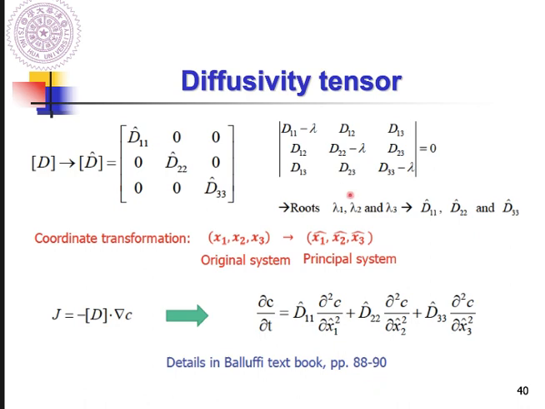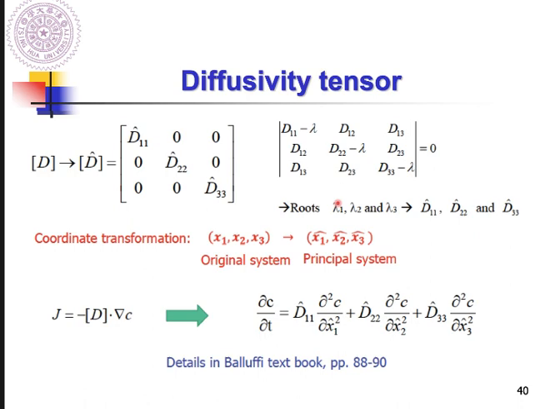Okay, so from here to here, you just need to get the eigenvalues of these diffusion tensors. Based on this technique, you can convert three non-orthogonal axes, or three coordinate directions which are not at right angles to one another, to orthogonal axes.